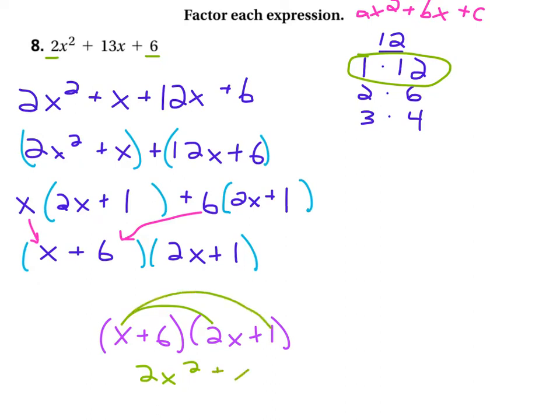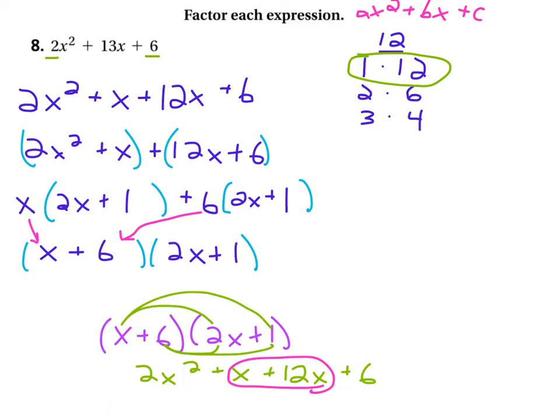Outer, x times 1 is x. Inner, 6 times 2x is 12x. And last, 6 times 1 is 6. These two middle terms go together to make 13x, and that is what we had up top: 2x squared plus 13x plus 6.